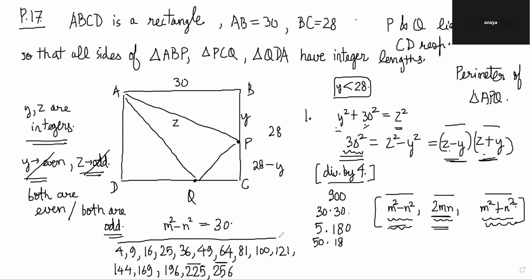Do you understand what I'm saying? m square minus n square cannot be 30 then. So 2mn must be 30, and this must be y, correct? If this is 30, we get a sense of m and n.